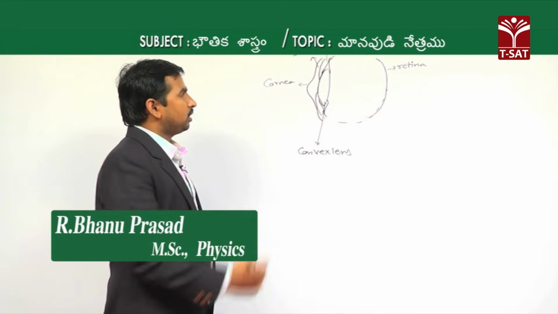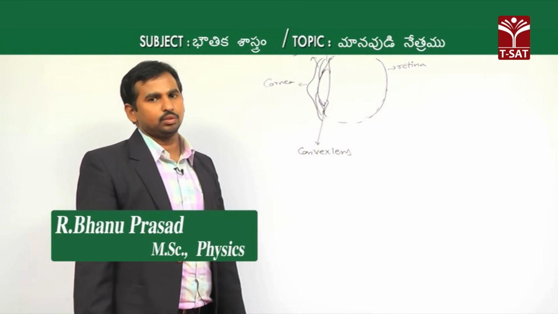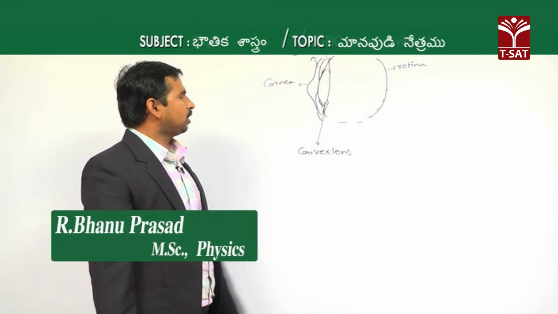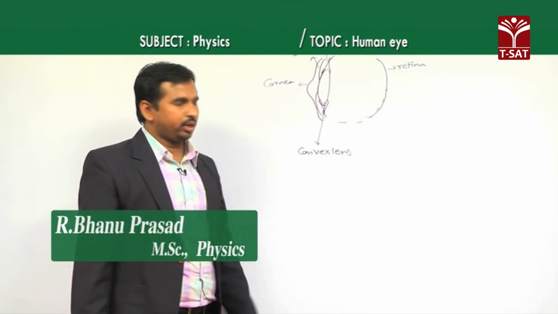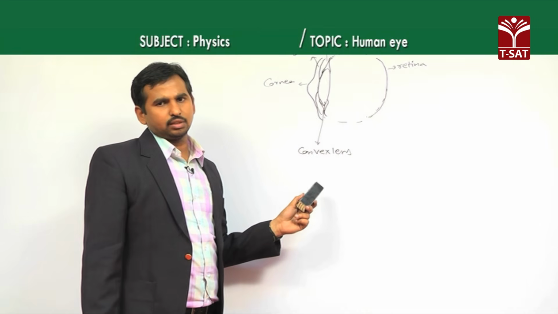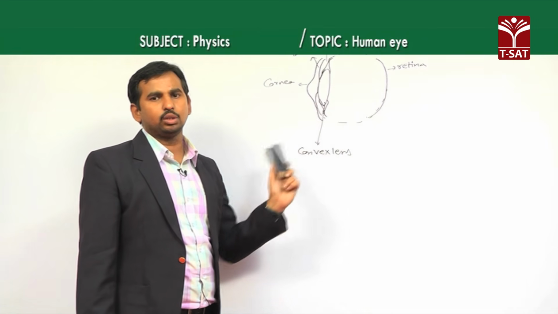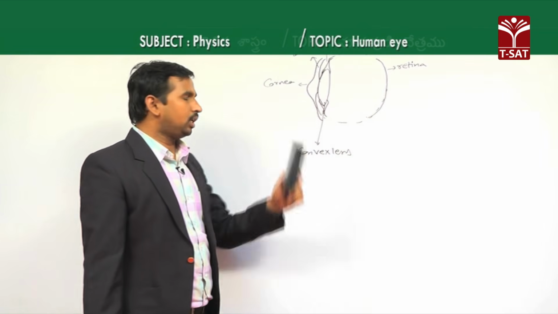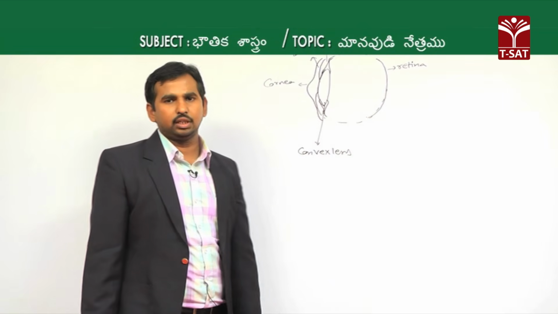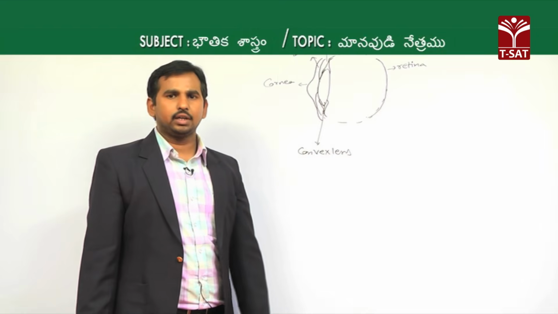Now, one by one we will see the importance of these parts and how they work. First, the convex lens. You already know that a convex lens refracts light and forms a real image depending on the focal length. Our eye lens can see near distances as well as far distances.